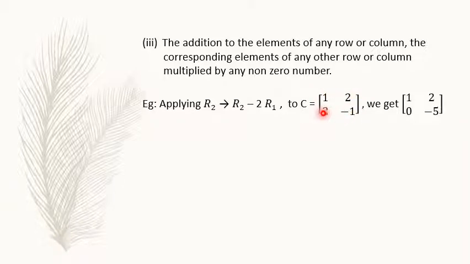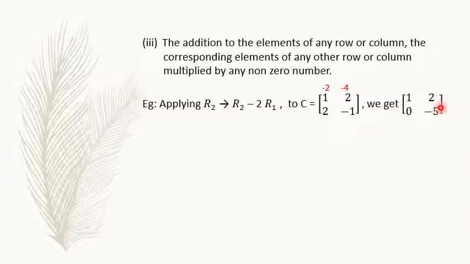So here 2 plus minus 2 into 1. So here the first row is changed to minus 2R1. So this is the minus 2R1. 1 into minus 2 is minus 2. 2 into minus 2 is minus 4. Now R2 plus minus 2R1. 2 plus minus 2 is 0. Minus 1 plus minus 4 is minus 5.